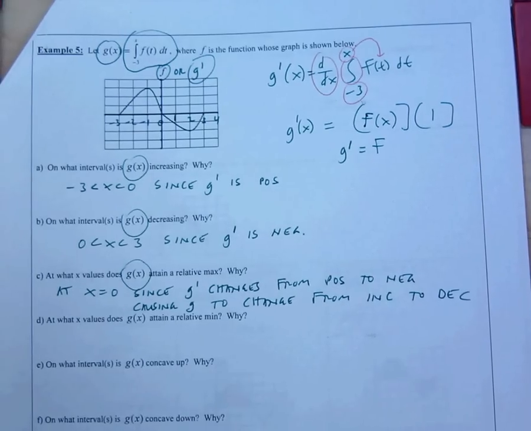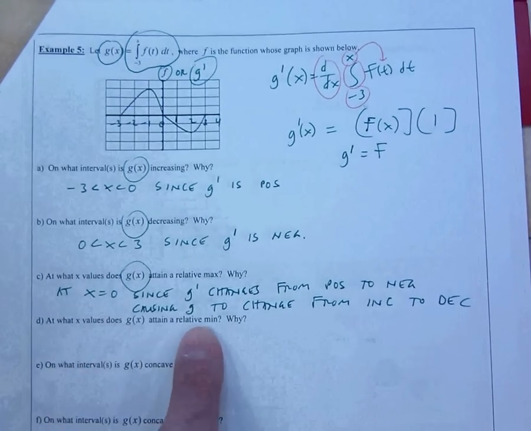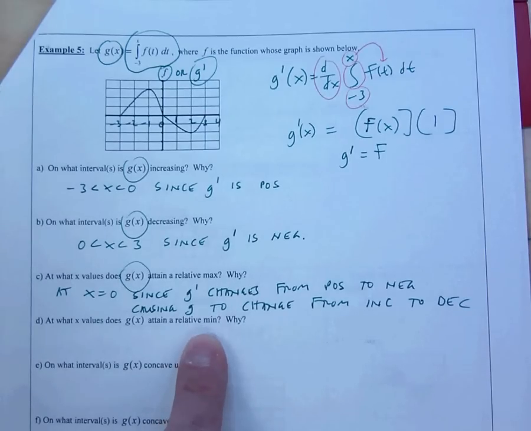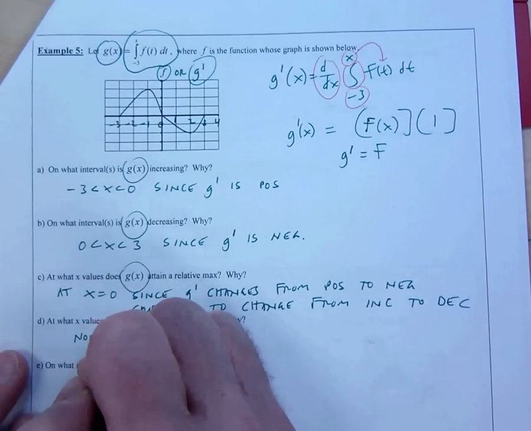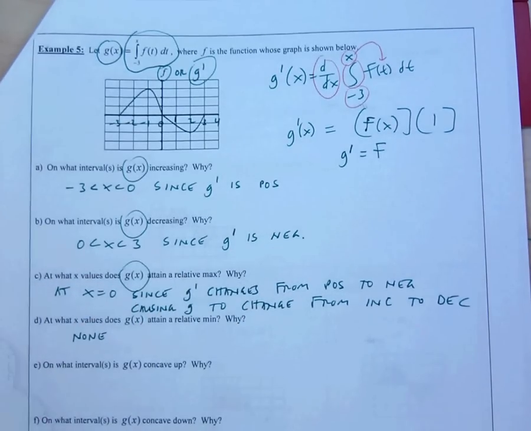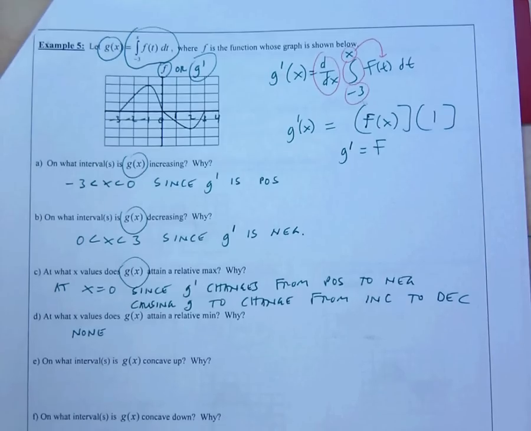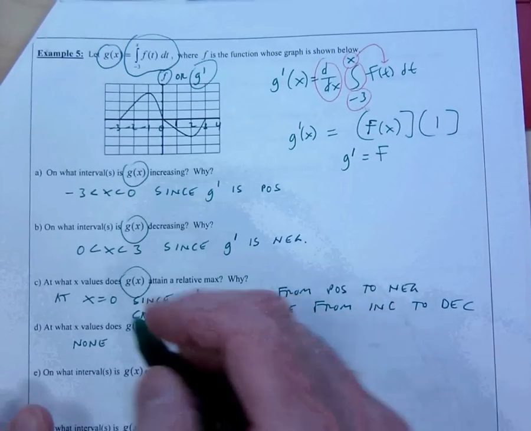Max, you can do the next one. Where does G have a relative min? Never. And your reasoning would be because G prime never changes from negative to positive. That's right.